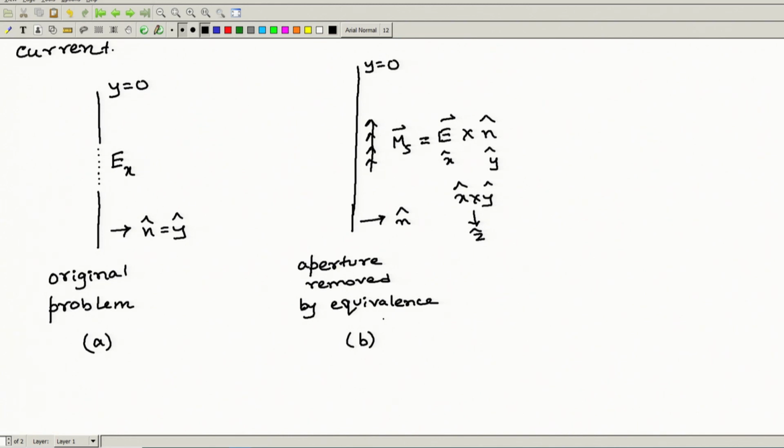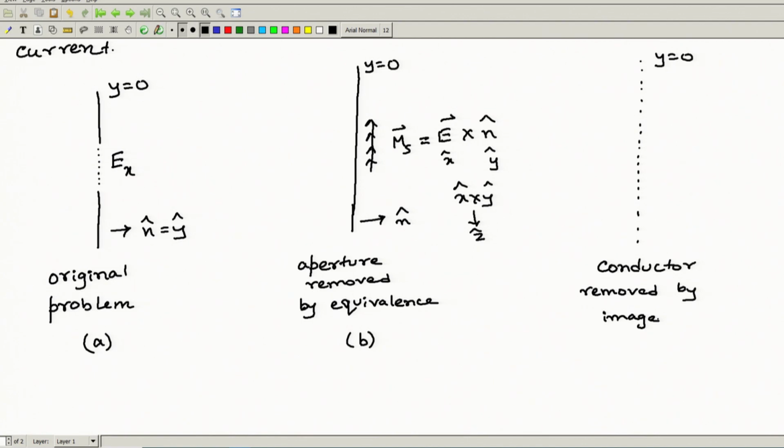For that, this will be like this. Here we can write, while we use image theory, conductor removed by image theory.